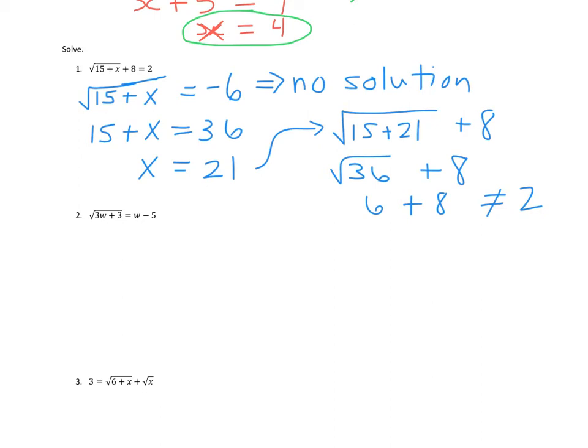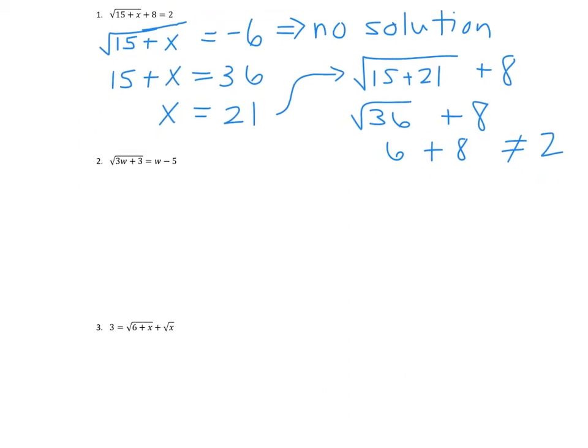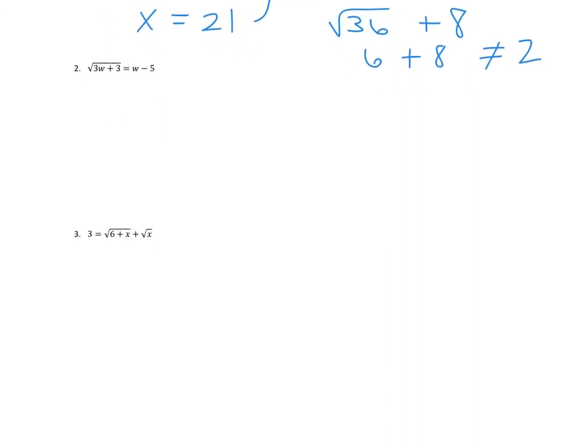All right, so either you caught it at the first step or you caught it when you checked your solution. Okay, number 2. This one's already isolated, so we can just come in and square both sides. Remember, w minus 5 has that middle term. Okay, and then it's a quadratic, so let's make one side 0.